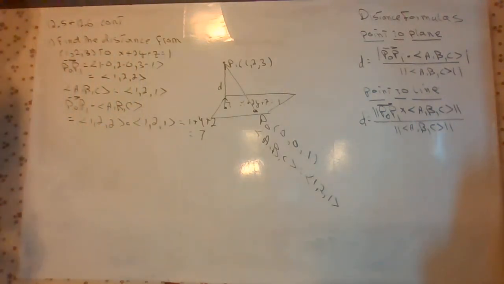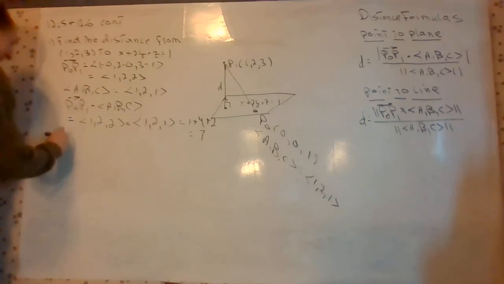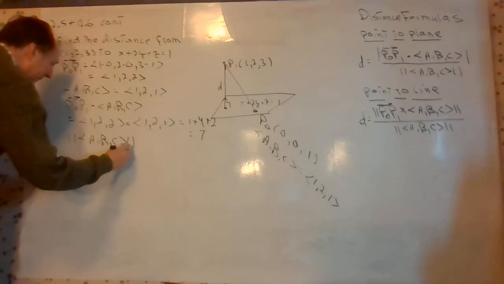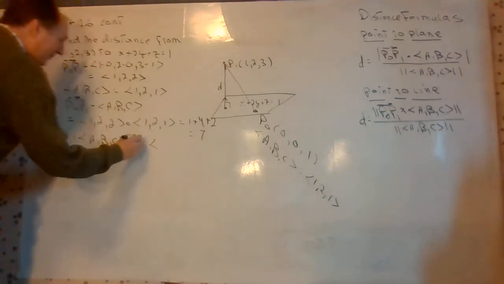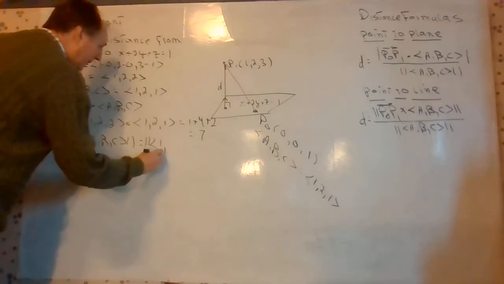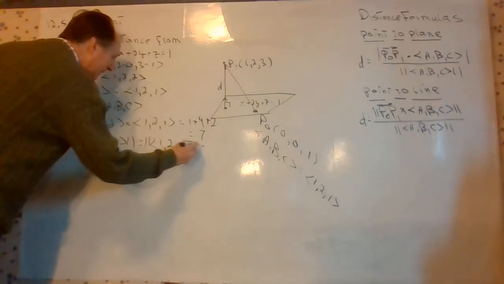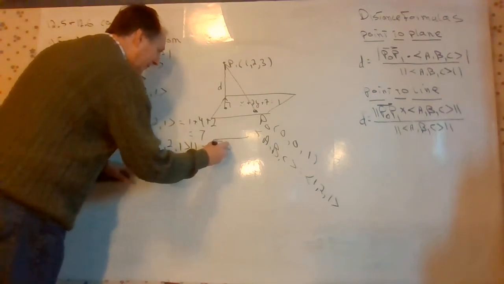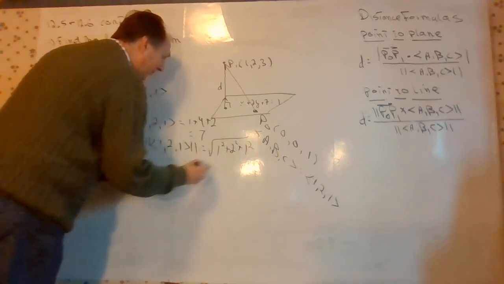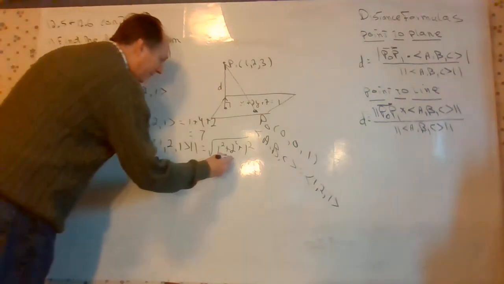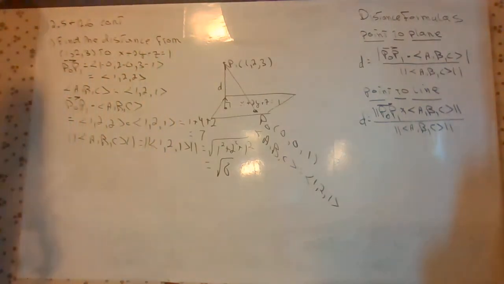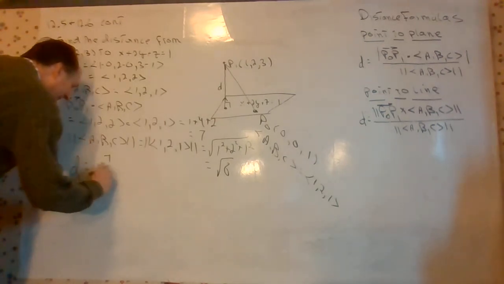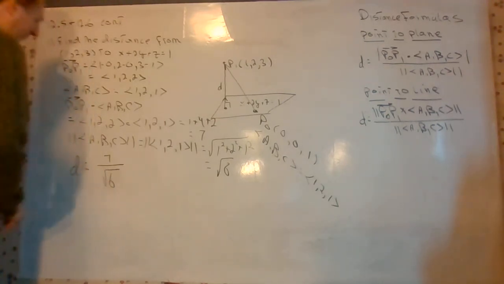And then we can find magnitude A, B, C equals magnitude of the vector 1, 2, 1, and that's square root of 1 squared, 2 squared plus 1 squared. That's square root of 6. Okay, and so the distance is just simply 7 over square root of 6.